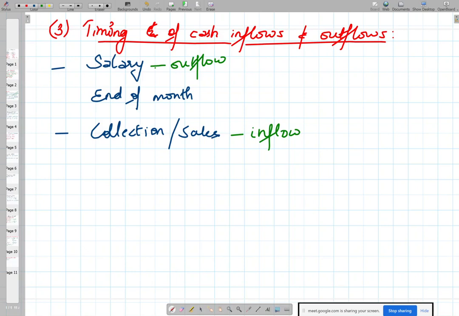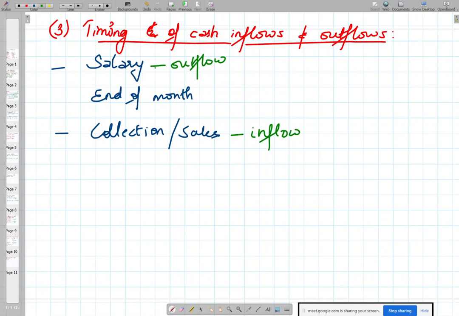No, that timing can never be guaranteed. In case of sales, you just do not know whether you will sell a product or not. You do not know whether cash will come in or not, right? But salary as an outflow, you are 100% certain that you have to pay at the end of the month. Is this clear?